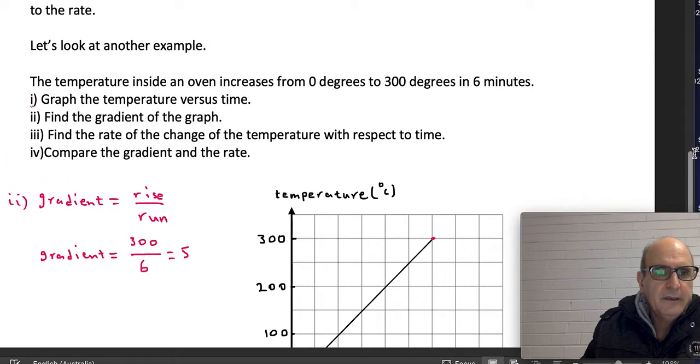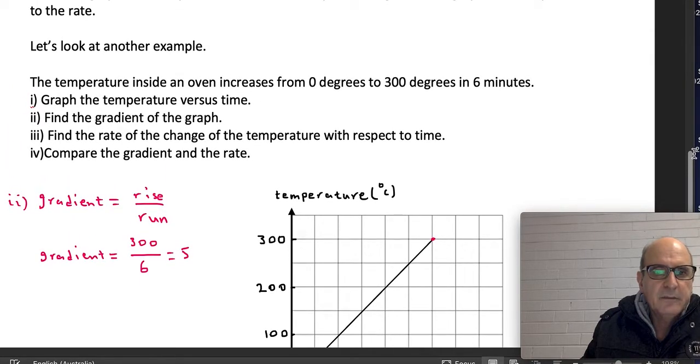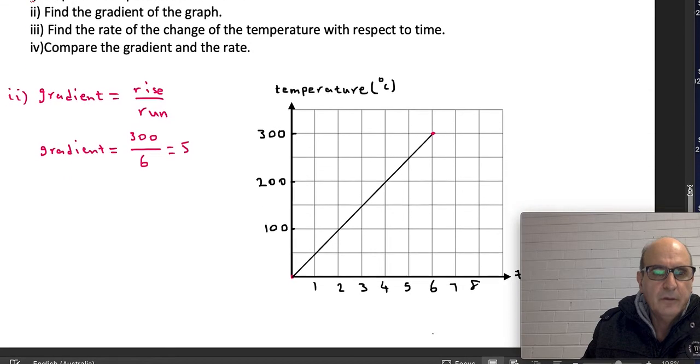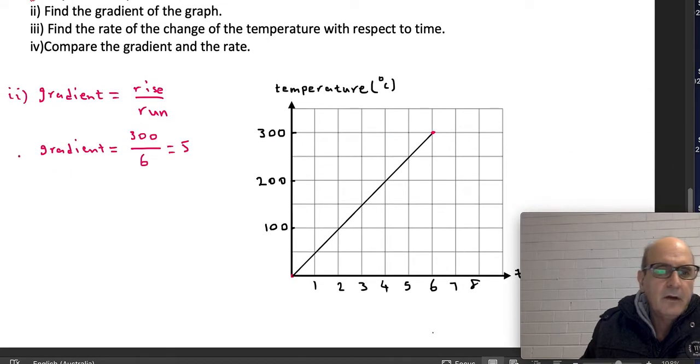And part 3, find the rate of the change of the temperature with respect to time. Now we are finding the rate. So again, I'm going to write two quantities. One is temperature and one is time.